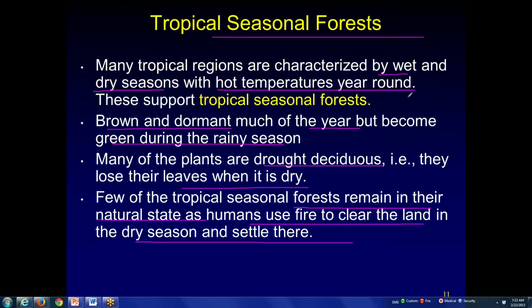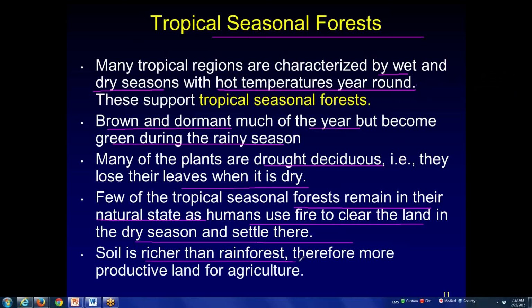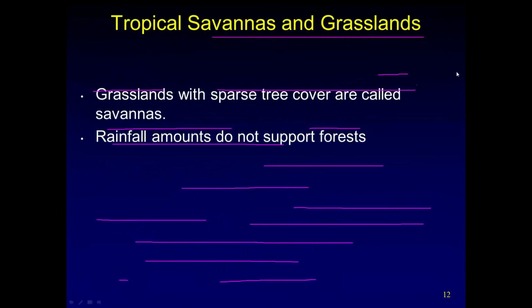So better food, more health, better soils, etc. More people have settled this area as a result. So it's been a little bit more affected by human permanent habitation. Again, soil is very rich because of the leaves falling off the trees, and very productive for agriculture. So we see this place being a lot more affected in terms of development.